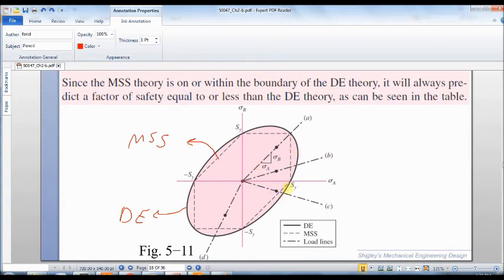As you can see, these two graphs meet each other at these two points, right? Here and here.